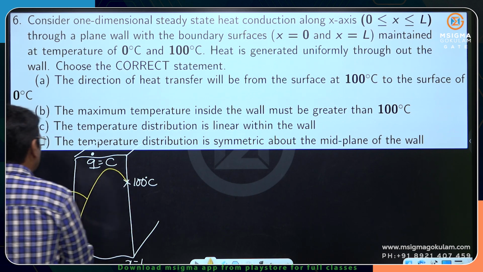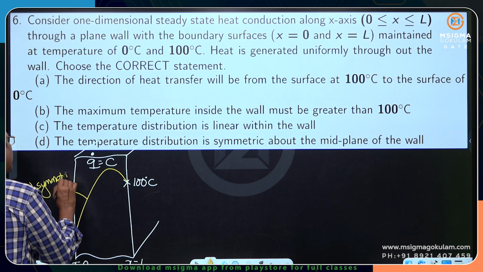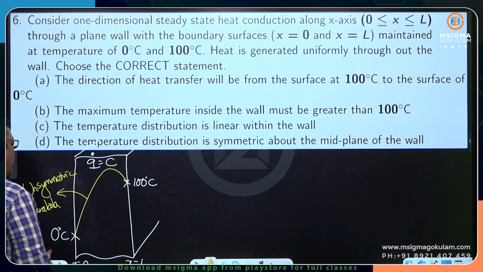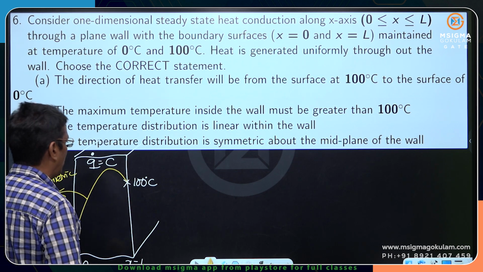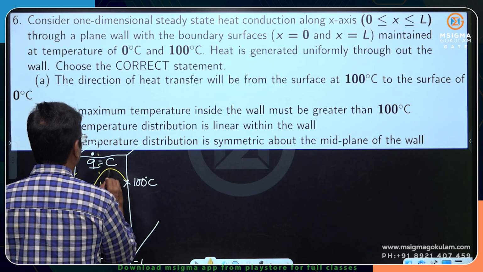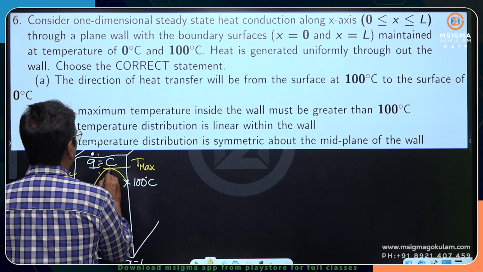This is an unsymmetric parabolic temperature distribution. When there is an unsymmetric parabola, the maximum temperature will definitely be in the right half. This is the maximum temperature which is in the right half.